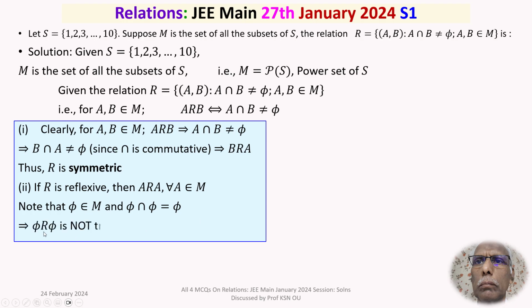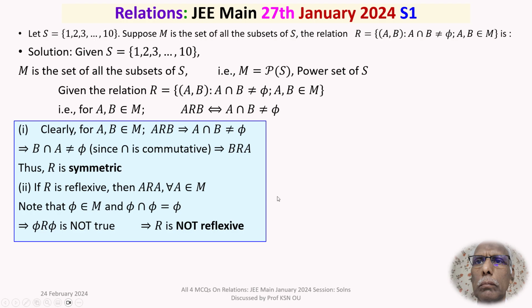So phi related to phi is not true. If it were, then phi intersection phi would be not equal to phi, but it is equal to phi. Therefore, phi related to phi is not true. So, R is not reflexive.